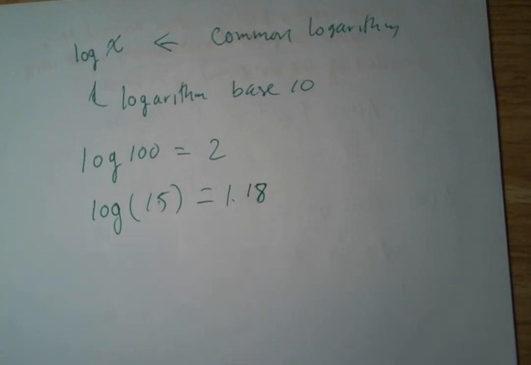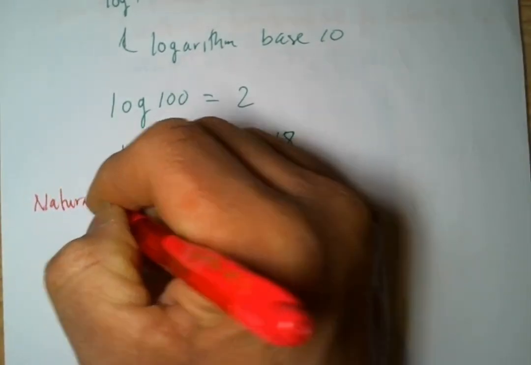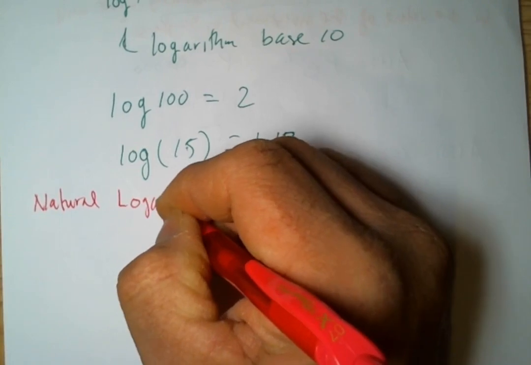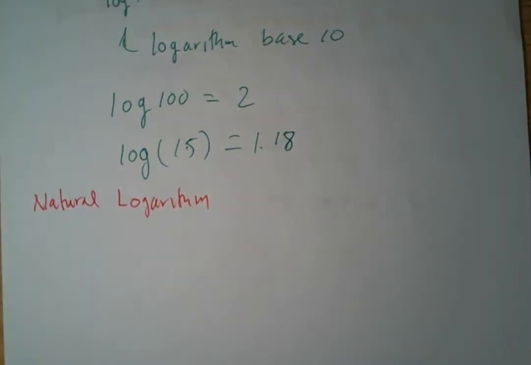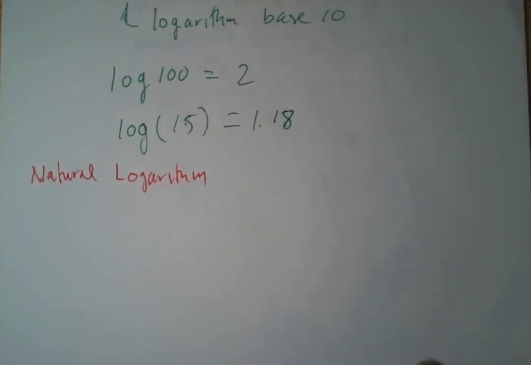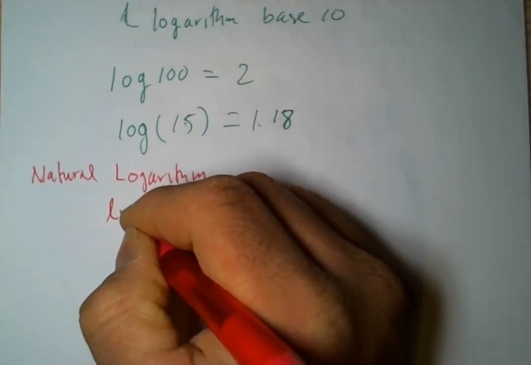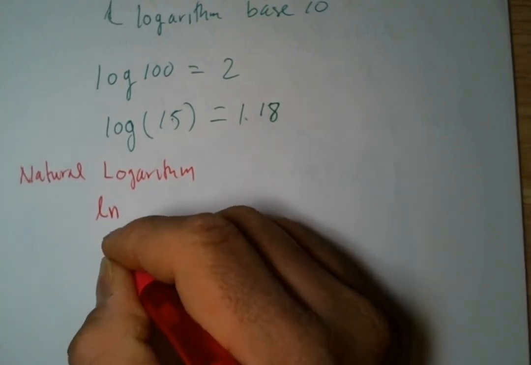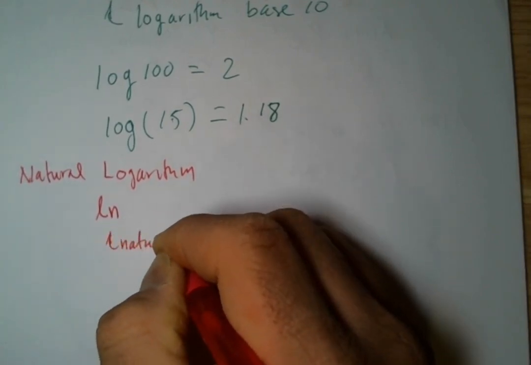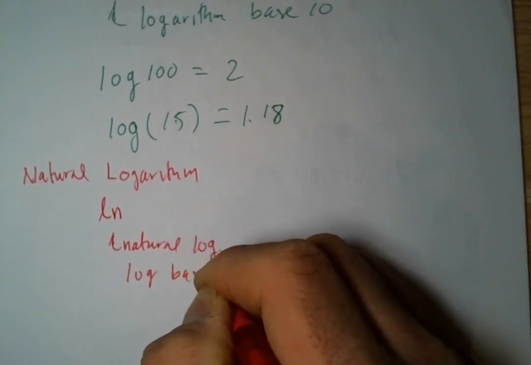All right, so that is the common logarithm. Now our other special logarithm is what's called the natural logarithm. As we saw in the exponential section, the number e naturally arises when we're trying to do compound interest. So the natural logarithm has this notation. We read that as the natural log, or log base e.